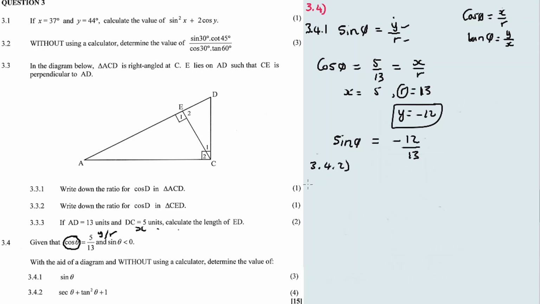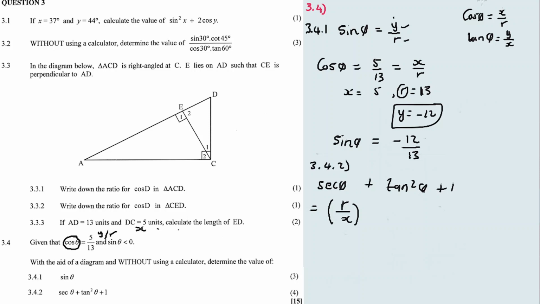But anyway, 3.4.2, let's go. Sec theta plus tan squared theta plus 1 equal to, okay, all right, sec is the opposite of cos, so therefore it will be r over x. You just flip the ratio, right?